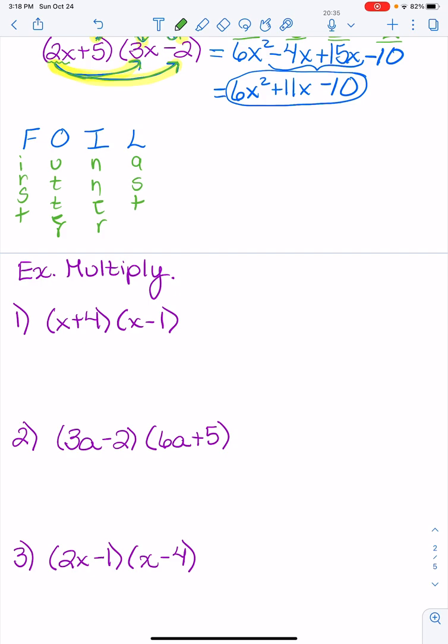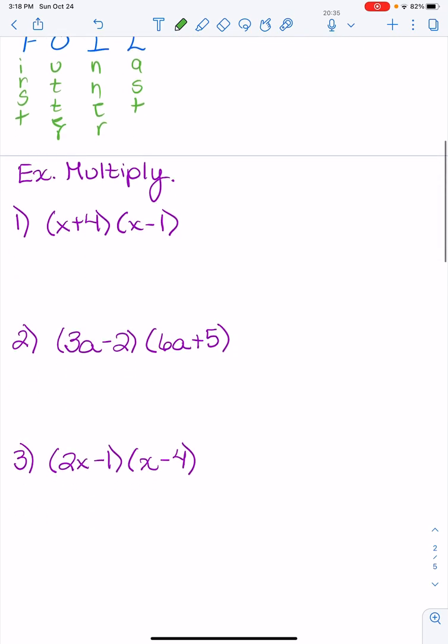All right, so let's do some practice. I like the arrows. I think you should use the arrows 100%. So x times x is x squared. X times -1 is -1x. 4 times x is positive 4x. 4 times -1 is -4.